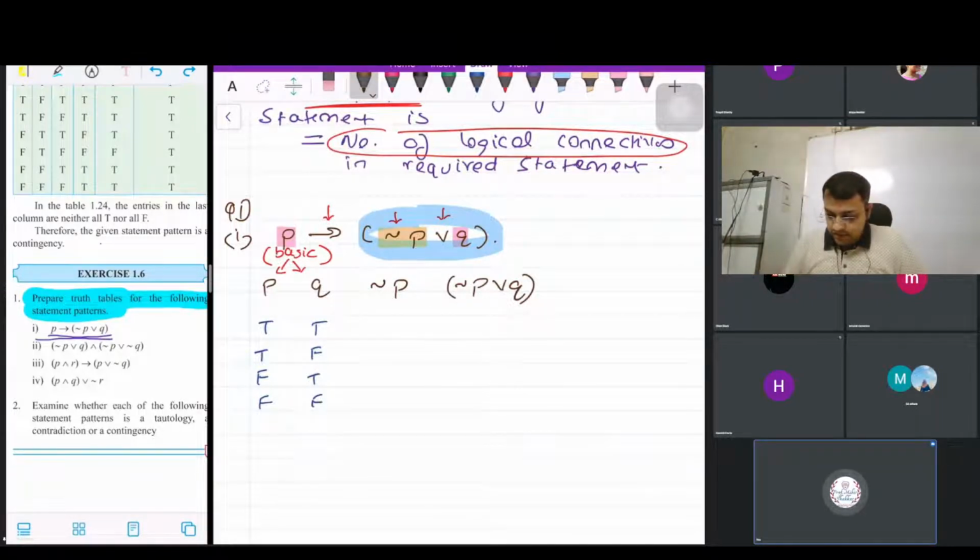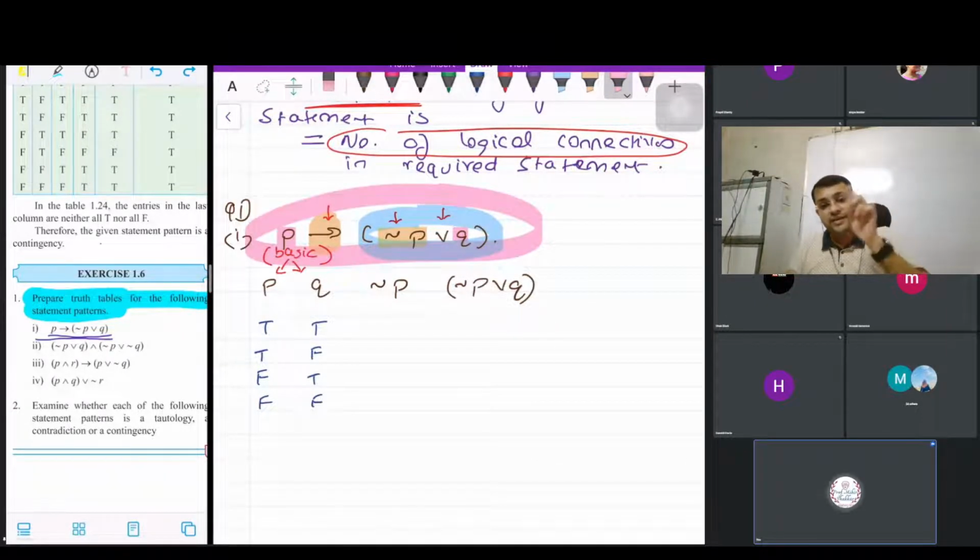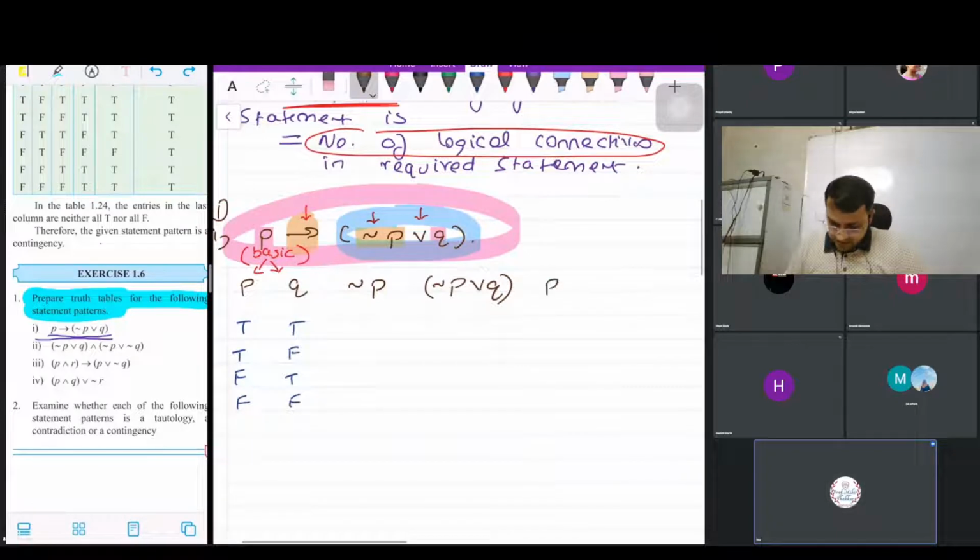Now what is the connective outside the bracket? I can see the connective over here is implication. So now this time guys, I will be using this entire statement as my last required column, which will be P implication this bracket, which is negation of P or Q.